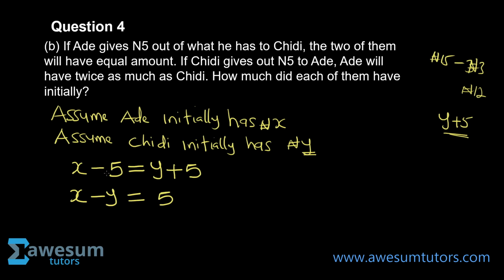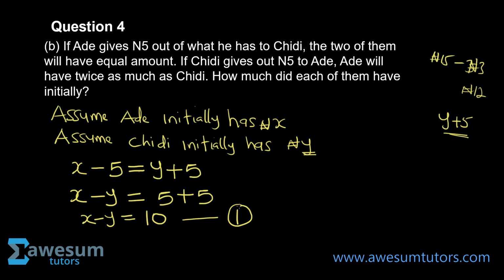If negative 5 crosses the equal sign, it becomes positive. It comes to this side and becomes positive 5. So in that case, you have X minus Y equals 5 plus 5 is 10. So I'll call that equation 1.